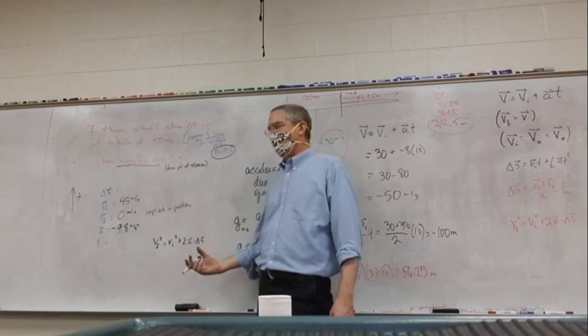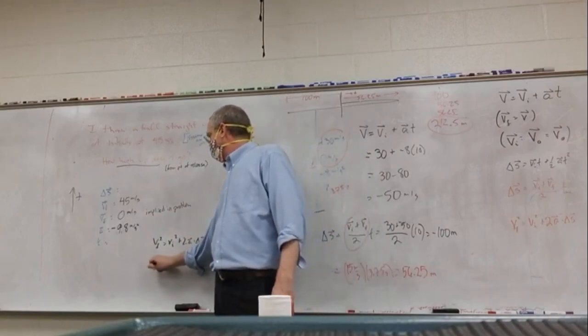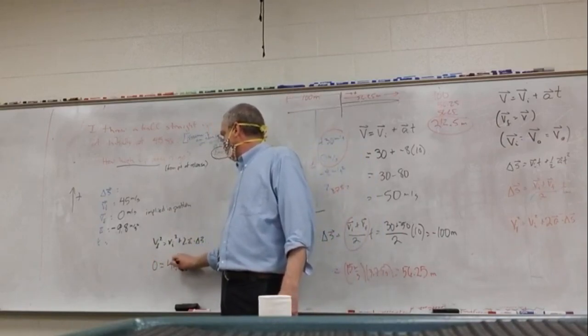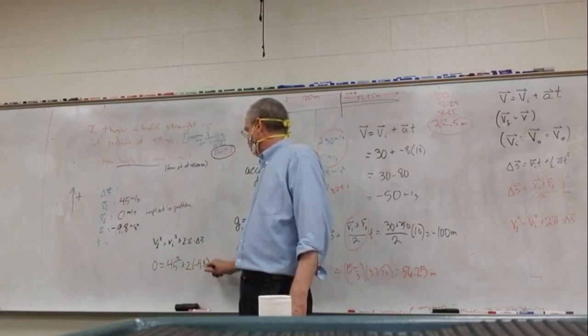If it's a one-dimensional problem, I just treat the numbers like this and plug them straight in. So I have 0 equals 45 squared plus 2 times negative 9.8 times delta s.